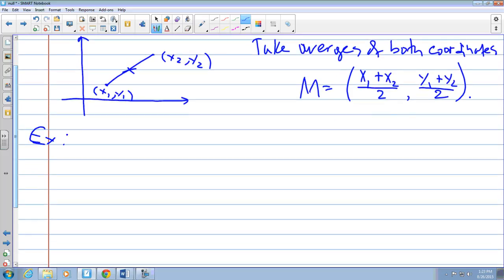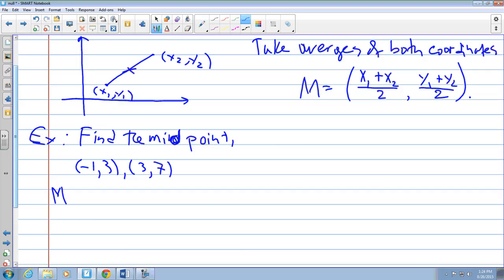So again, for example, given any 2 points on the plane, if the question is to find the midpoint, to find the midpoint, add and divide by 2.